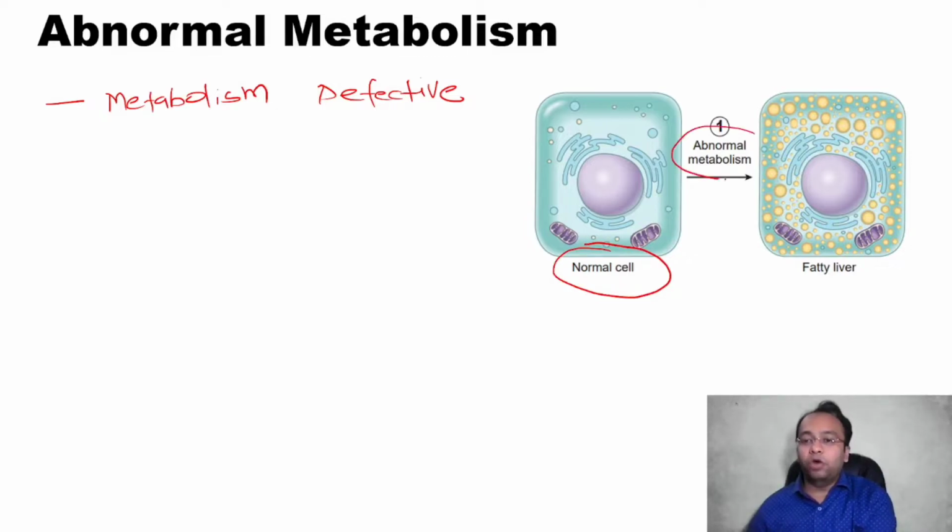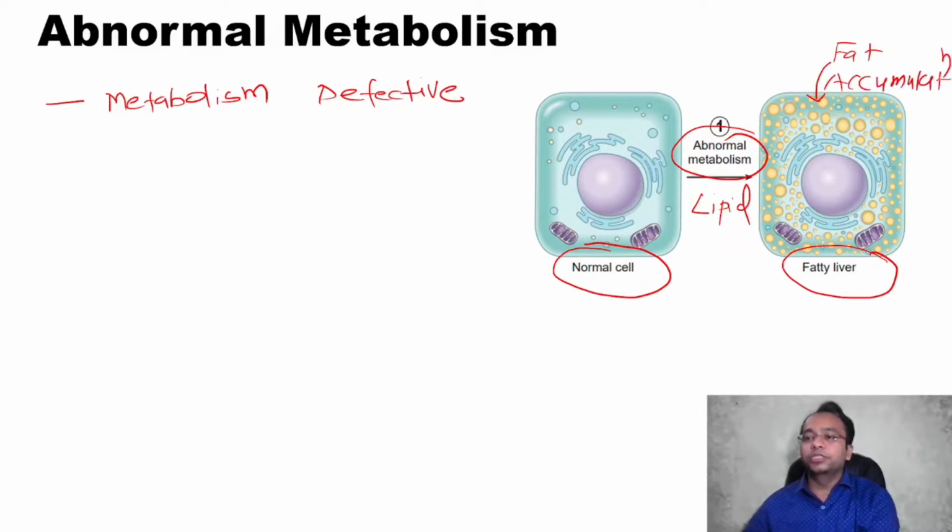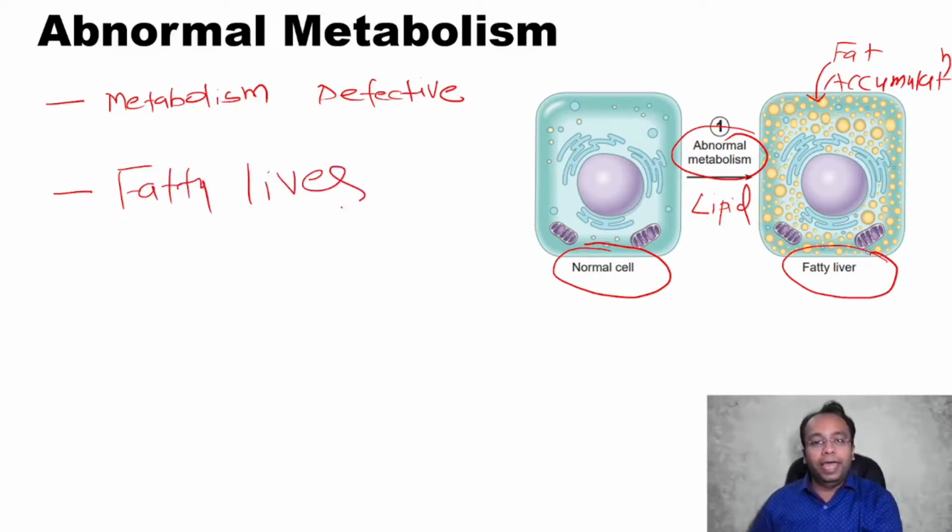But if there is an abnormal metabolism of lipid, then it can lead to fatty liver, in which there is a triglyceride type of fat accumulation within the liver. You can see a triglyceride fat accumulation within the liver, which is known by the name fatty liver. So the fatty liver is the most common example of abnormal metabolism mechanism.